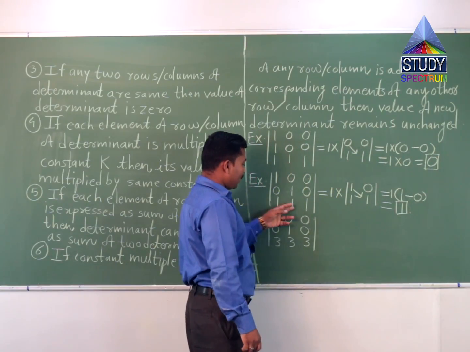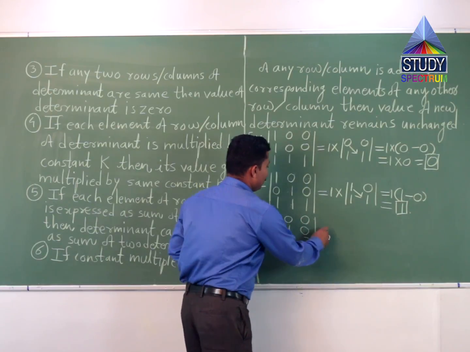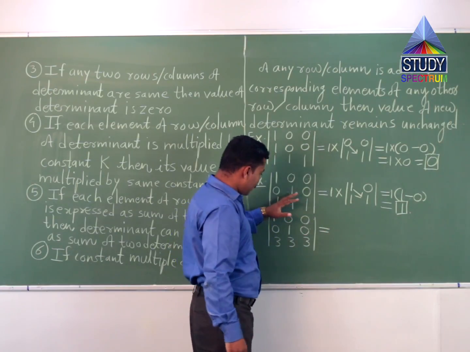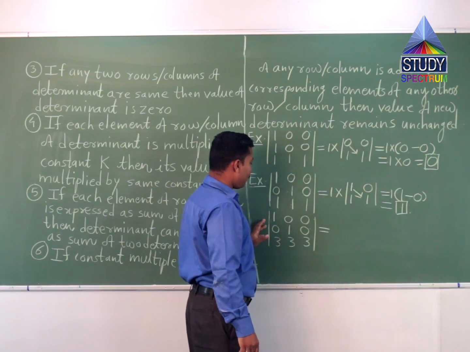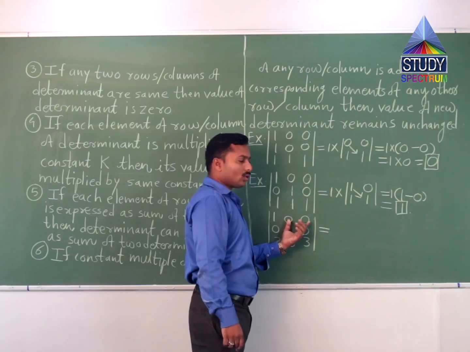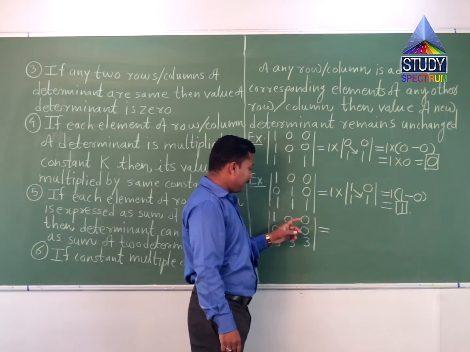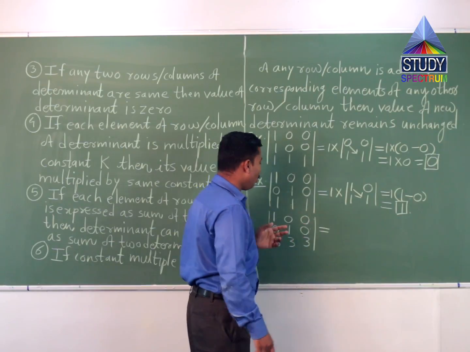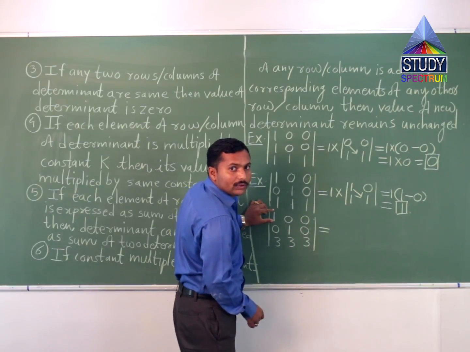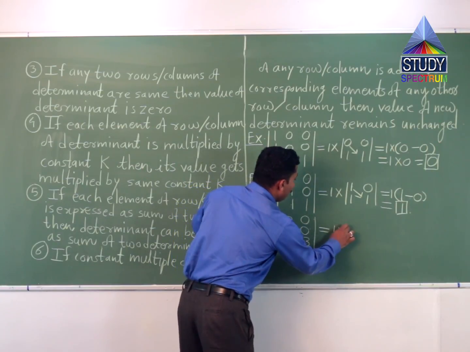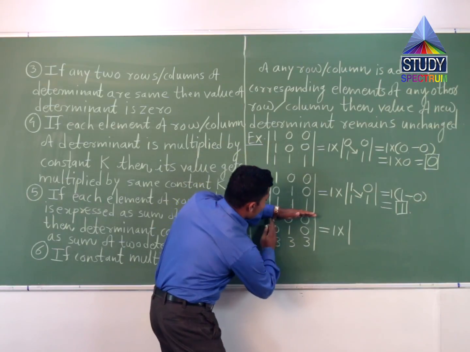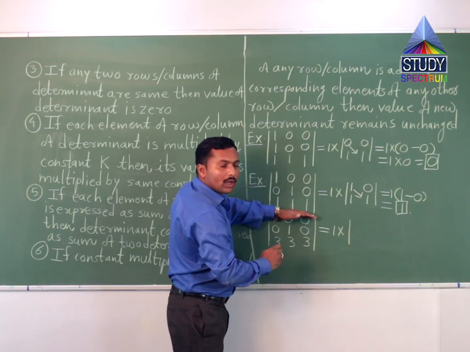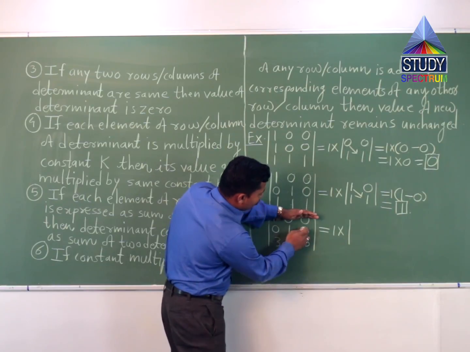Again we find the determinant value of this determinant. Again the same happens. Here is a 0 0, so the minor multiplied by this 0 0 is again 0. So we only take the minor of this 1. So 1 into the minor of 1. Delete the row and column passing through this. What remains? 1 0 3 3.